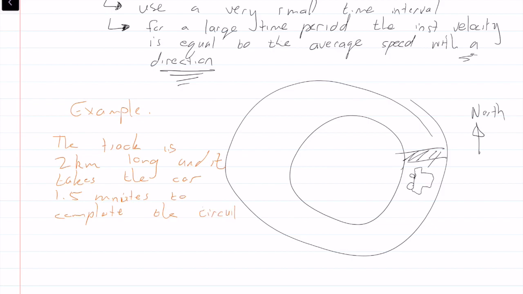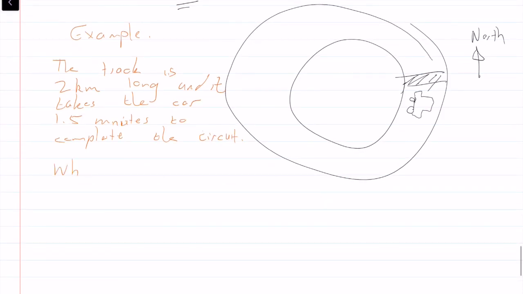What is the instantaneous velocity at A, B, C, and D? This is point A, this is point B, this is point C, and this is point D.